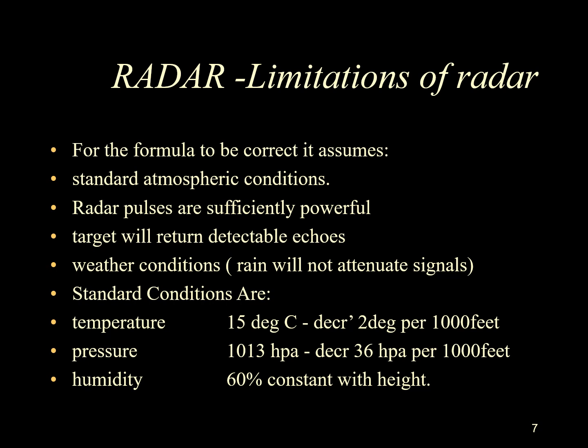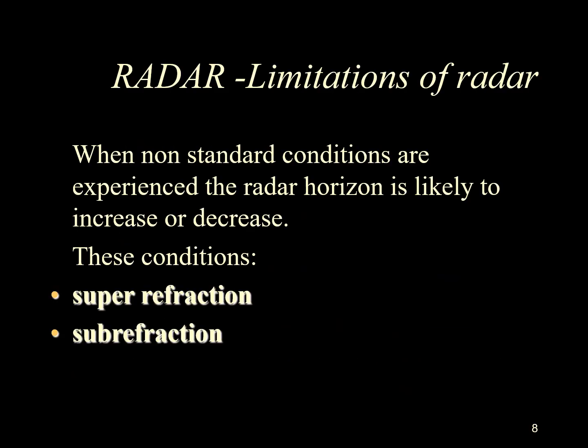Air pressure is 1013 hectopascals, decreasing 36 hectopascals every 1000 feet of altitude, and humidity 60% constant with height. Where non-standard conditions prevail, then it is possible the radar horizon is either decreased or increased. Non-standard conditions are known as super or sub-refraction conditions, which I will explain.